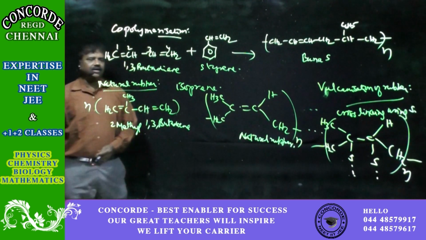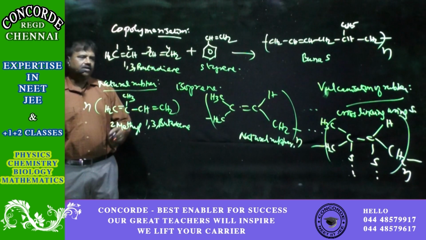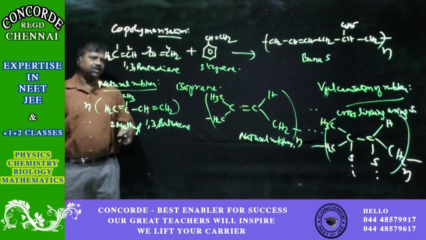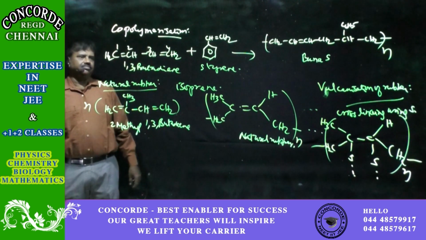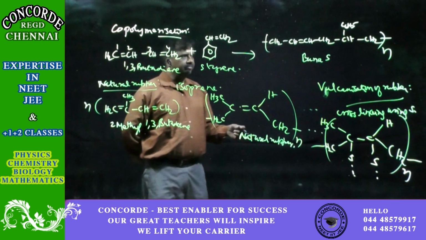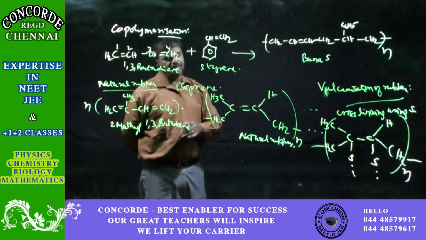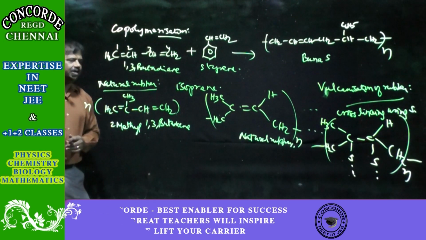By vulcanizing the rubber, you are able to get a more rigid rubber, which can be used in making certain automobile tires and all. Of course, nowadays, we are only getting the synthetic ones like butadiene or Buna S rubber or Buna N rubber, like that.